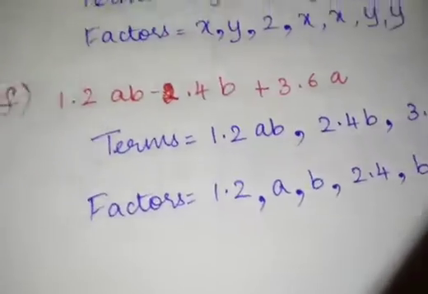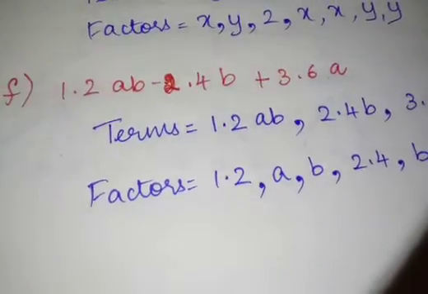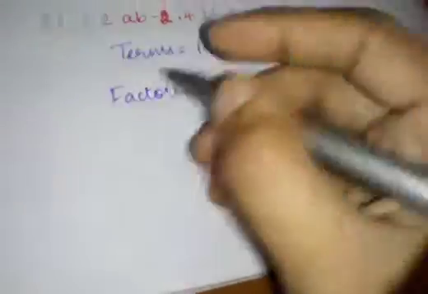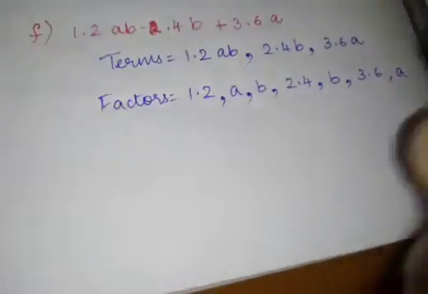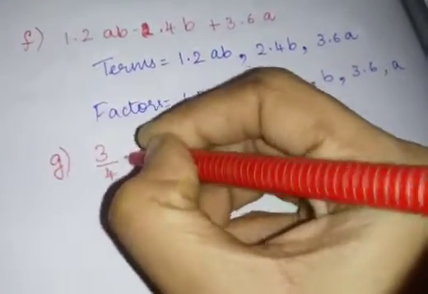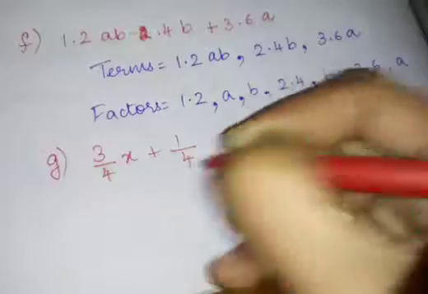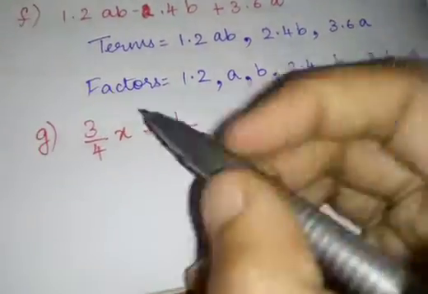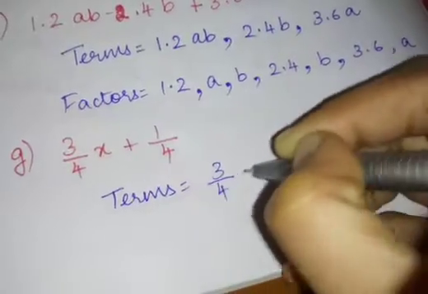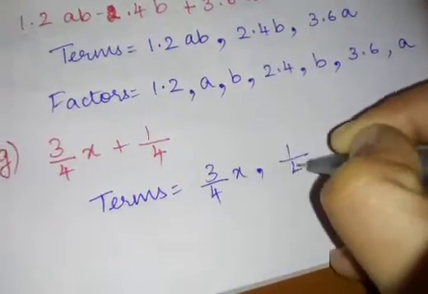Okay. So next is your G problem. G problem is 3 by 4x plus 1 by 4. How many terms are there for this? 3 by 4x comma 1 by 4.